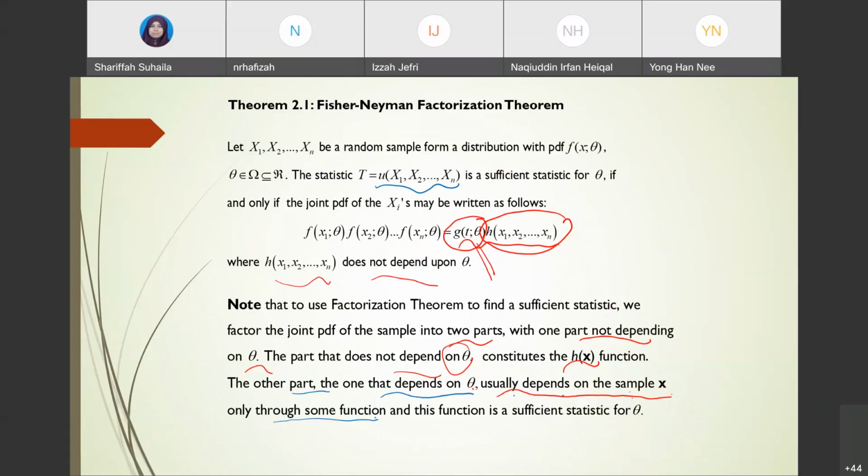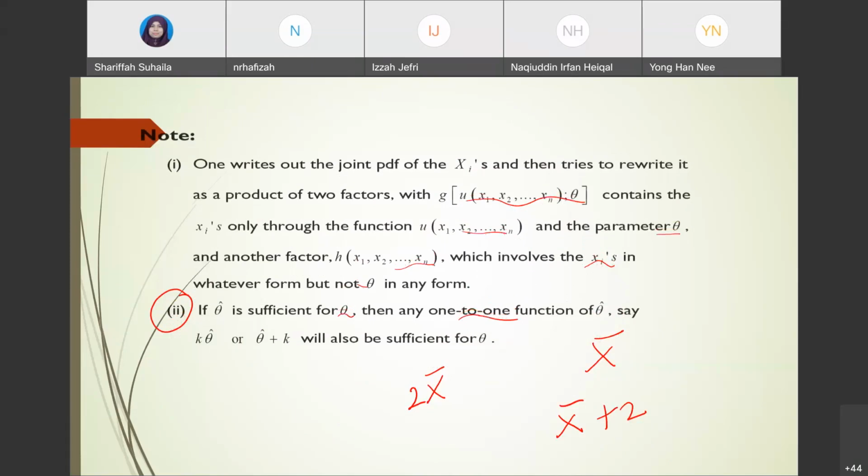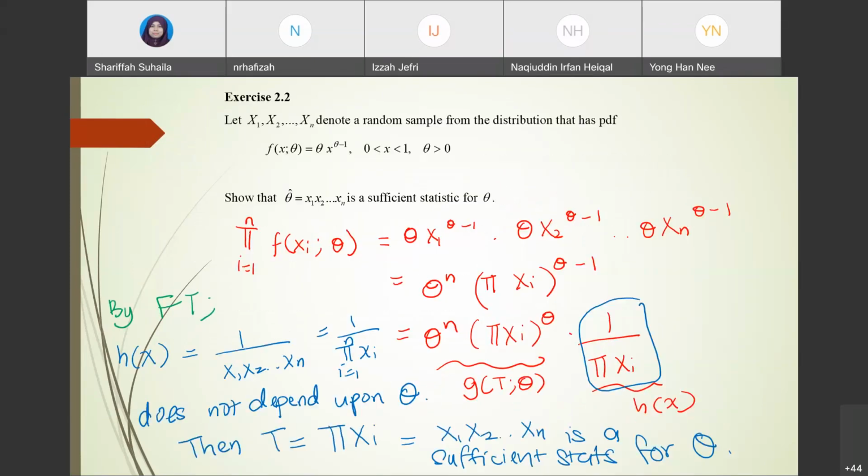We only choose some function, and this function is a sufficient statistic for theta. So in this case, your t, product xi, is a sufficient statistic for theta. We do not write t equals product xi to the power theta. We just take the x part only. So t equals this one is a sufficient statistic for theta.